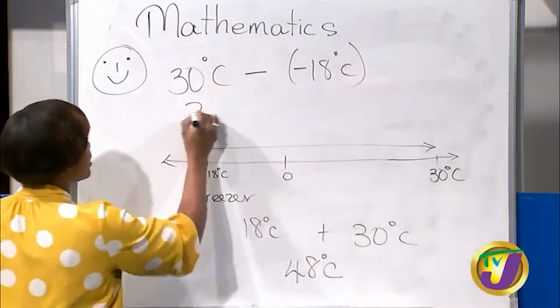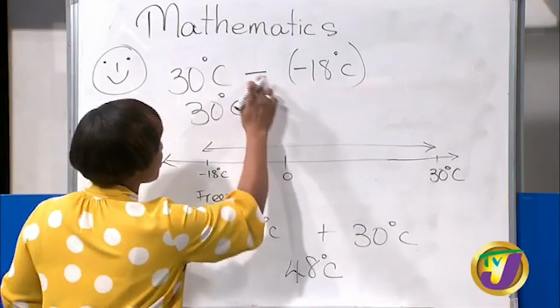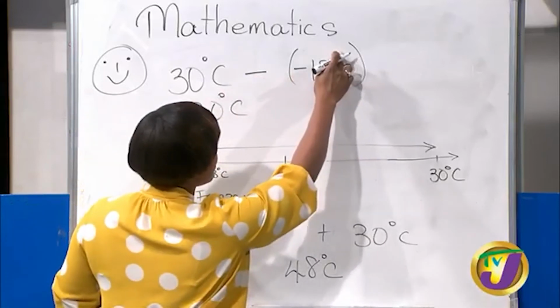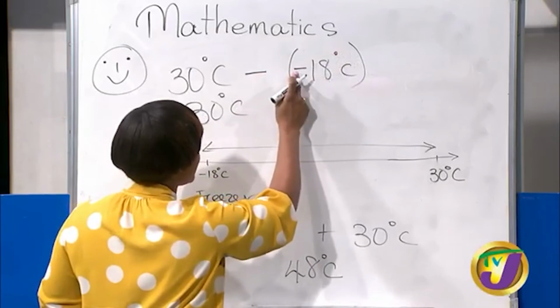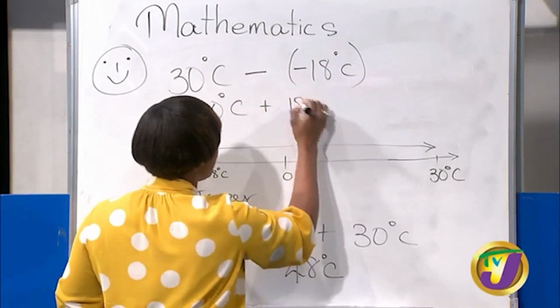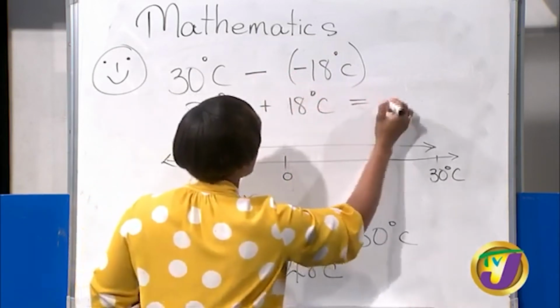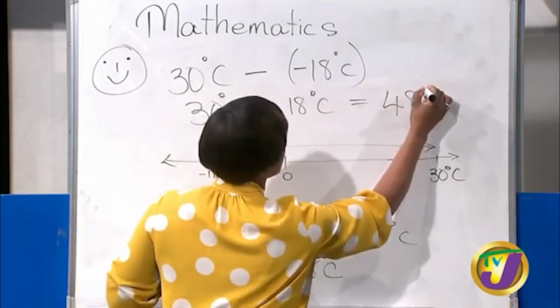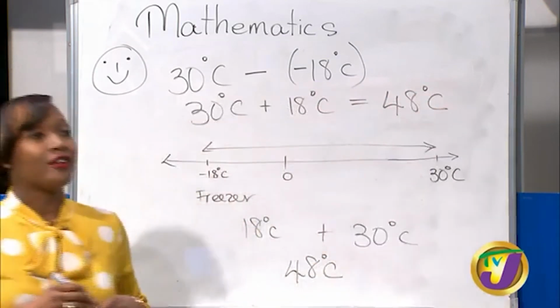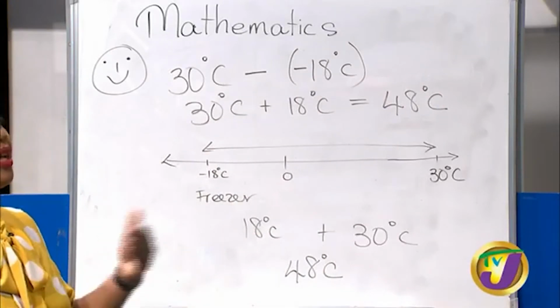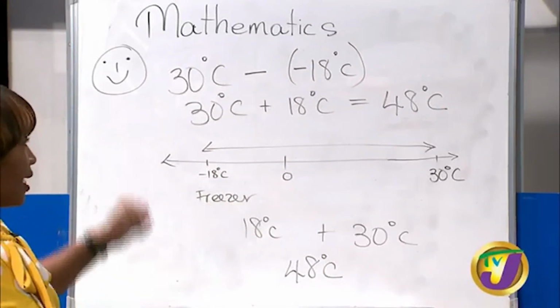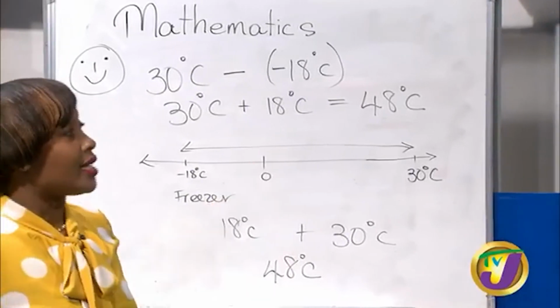So we have 30 degrees subtracting negative 18 degrees. A negative multiplied by a negative will give us a positive, and we will have 48 degrees Celsius. For those who expect to see some form of subtraction when you hear the term difference, that's how you'd work that one.